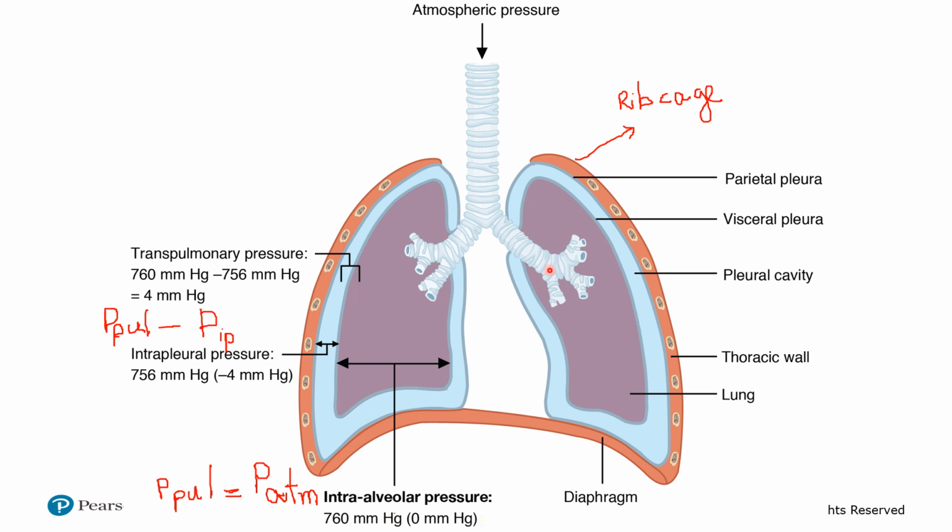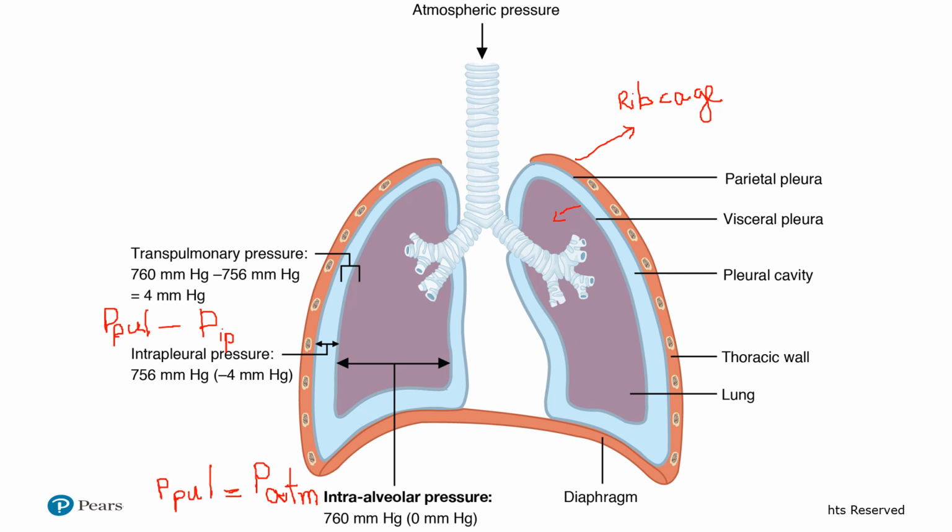Now there are two other forces acting on the lungs, and those forces want the lungs to collapse, to move inside. What are those two forces? Number one, there is a natural tendency of the lungs to recoil because they have elastic fiber in them, and that elastic fiber wants them to become smaller and recoil.